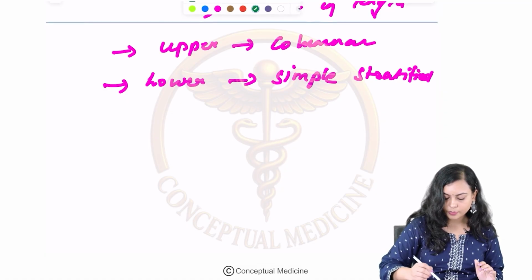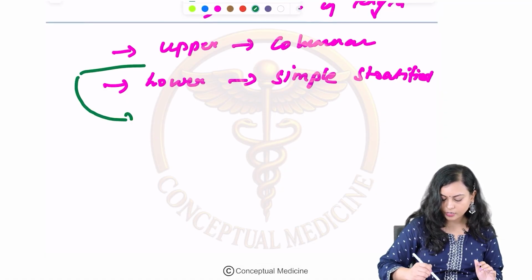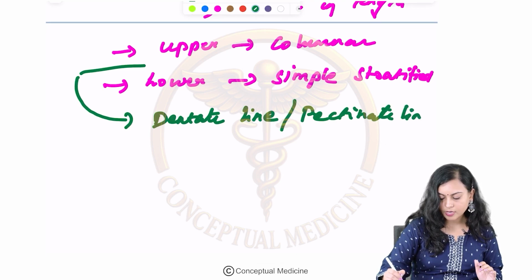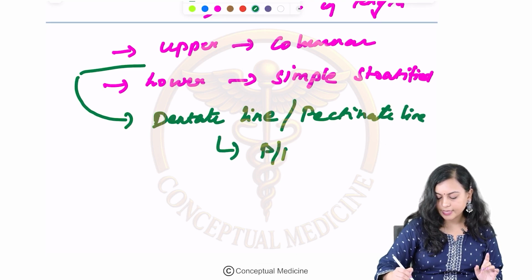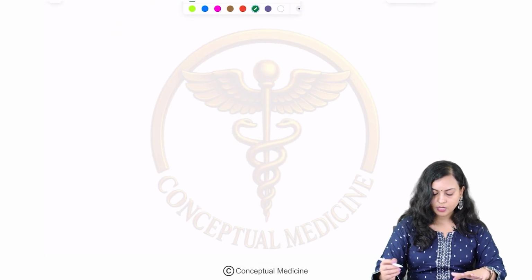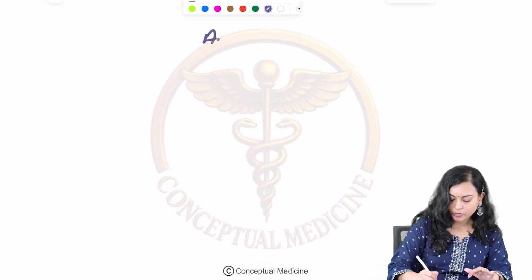The point of contact between these two epitheliums we call the dentate line or pectinate line. When you do a rectal examination, you will be able to palpate this. Coming to the anal sphincteric complex.